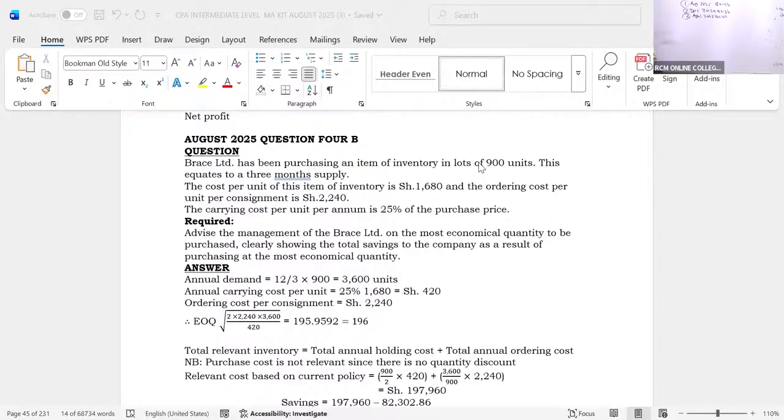And the ordering cost per consignment is 2240. The carrying cost per unit per annum is 25% of the purchase price. So advise the management of Brace Limited on the most economical order quantity to be purchased, clearly showing the total savings to be made as a result of purchasing the most economic quantity.